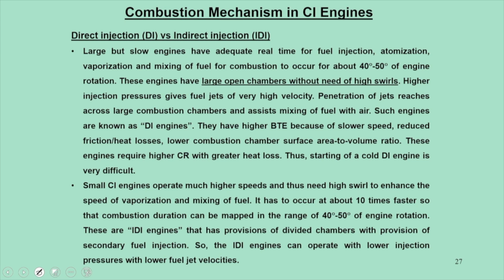Then lastly, there is a concept we call a direct injection engine and an indirect injection engine. For diesel engines we are looking at compression ratios in the range of 12 to 18 to 24 or higher.